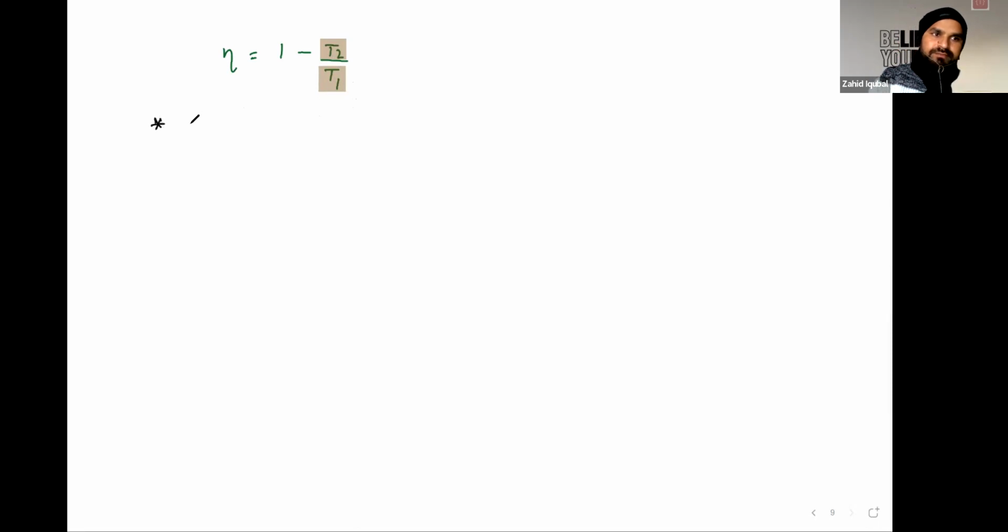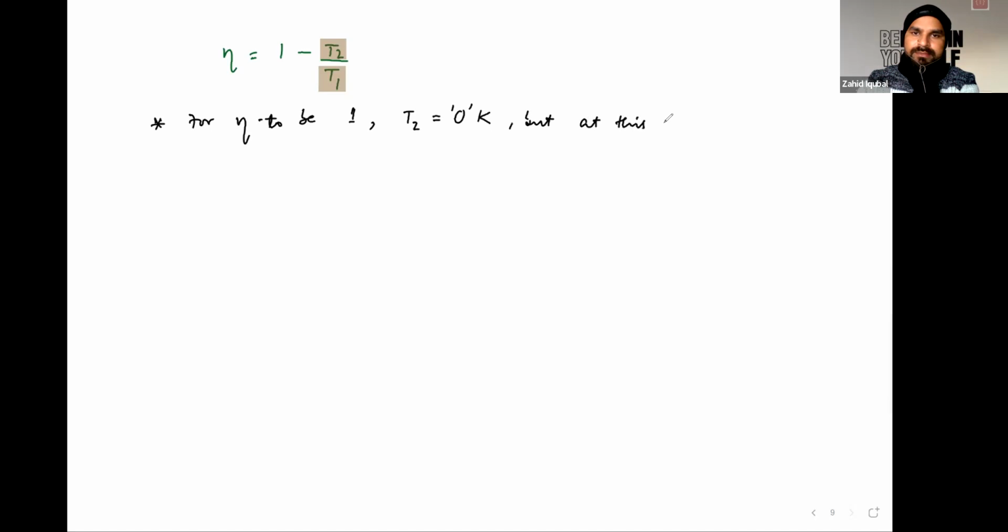So we can say, for eta to be 1, the first way is T2 must equal 0 Kelvin, but at this temperature there will be no existence of matter, so it can't be possible.